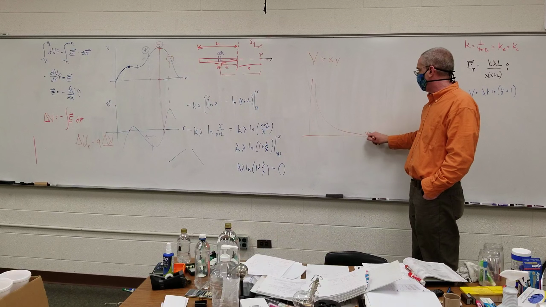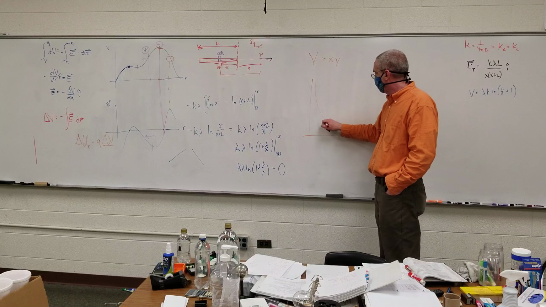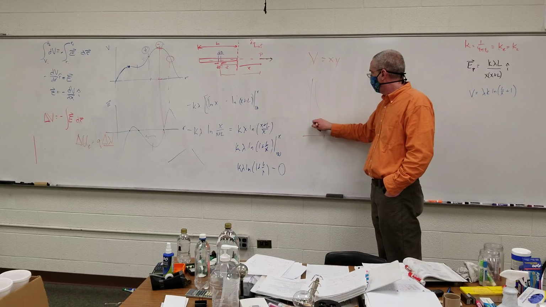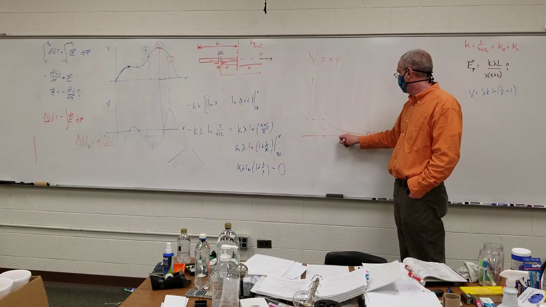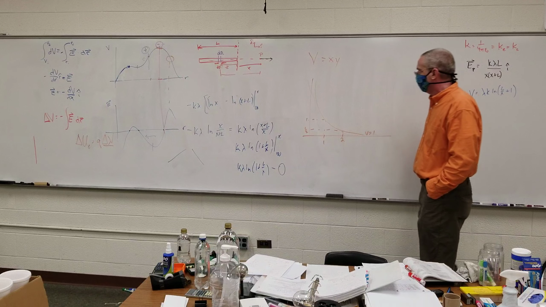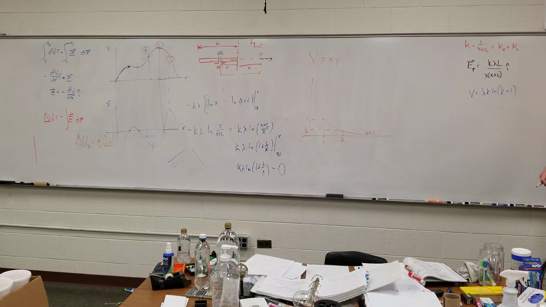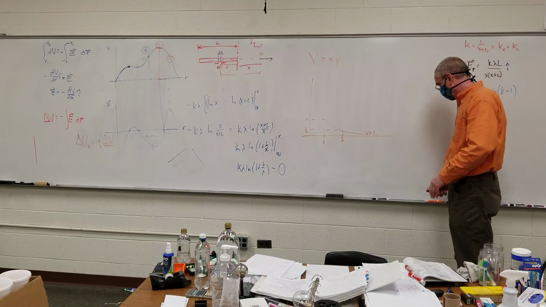So this would be, say, V is equal to 1. And so if this is 2, this would correspond to 1/2. So we have any combination of X and Y such that the product is 1. That's this equipotential line. They all have the same value for V.